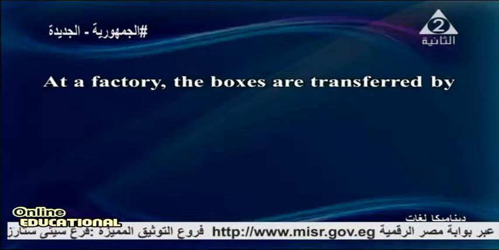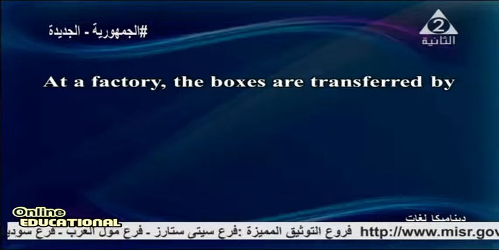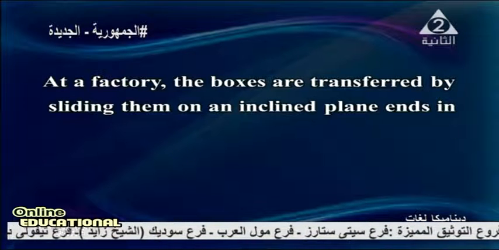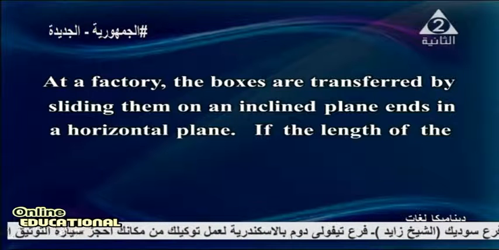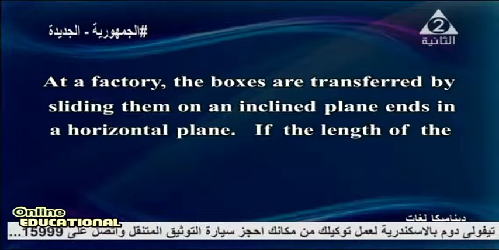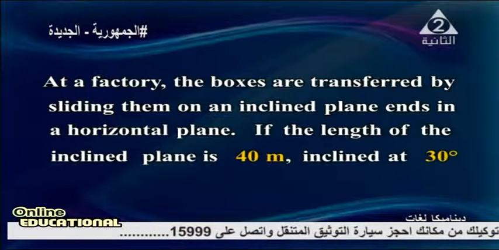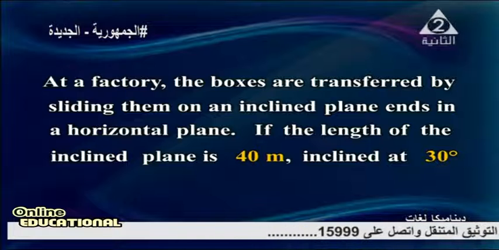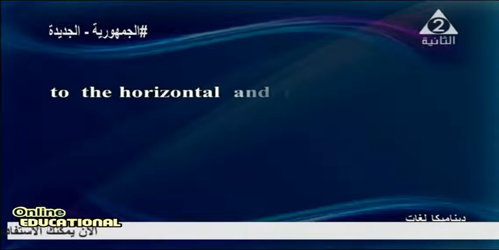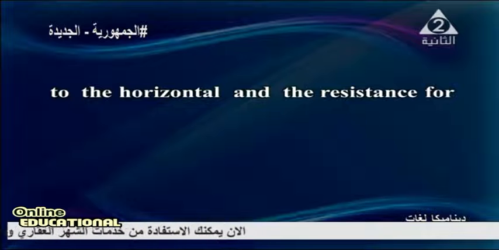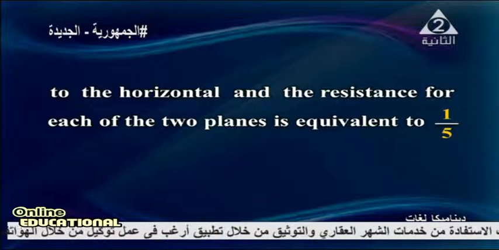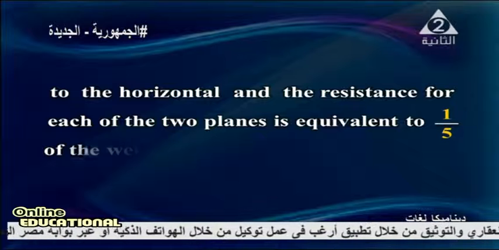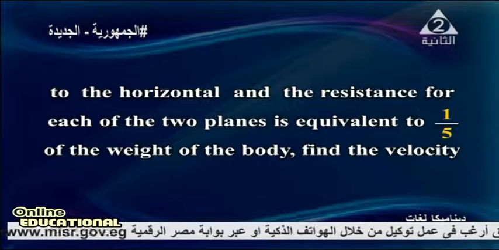At a factory, the boxes are transferred by sliding them on an inclined plane, ending in a horizontal plane. If the length of the inclined plane is 40 meters, inclined at 30 degrees to the horizontal, and the resistance for each of the two planes is equivalent to 1 over 5 of the weight of the body.